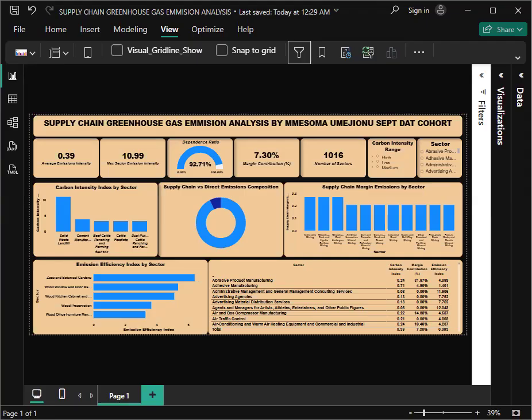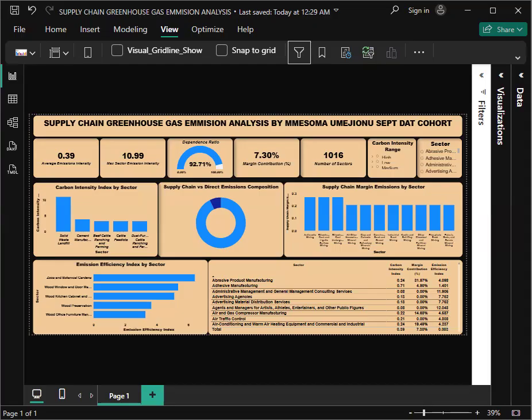And also, we're looking at the margin contributions. We can see that it has 7.30%, and the number of sectors analyzed in this data set is 1016 sectors. This indicates that the emissions are overly driven by supply chain activities rather than direct operations.